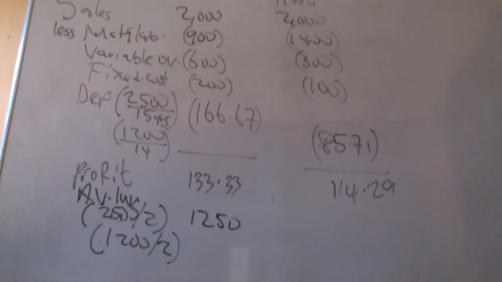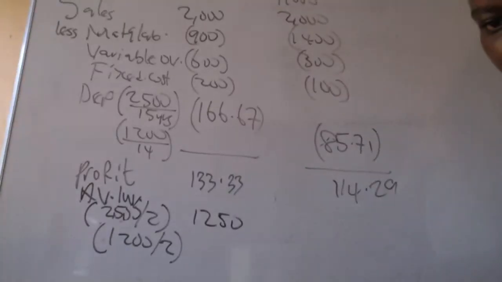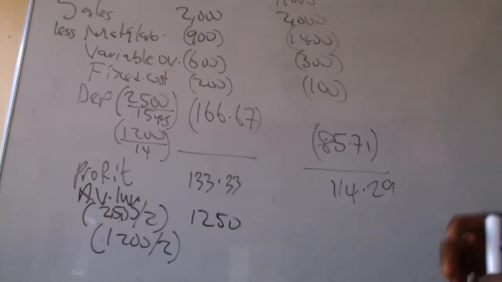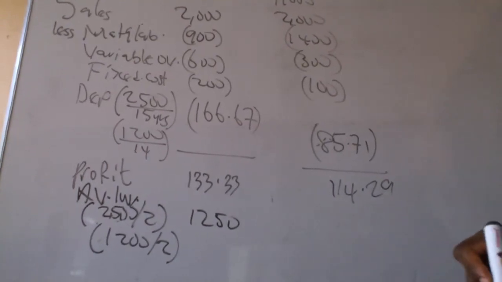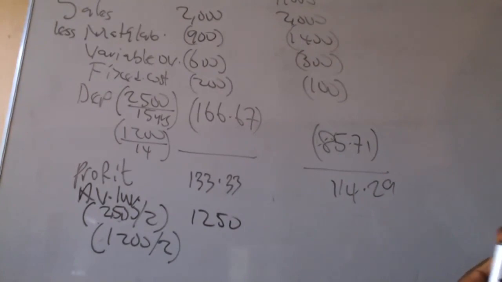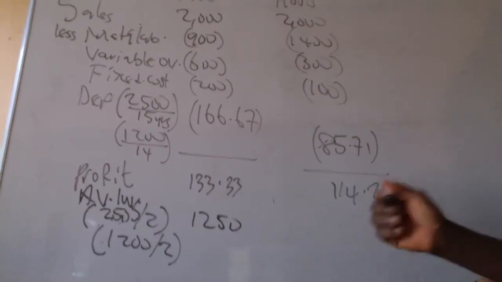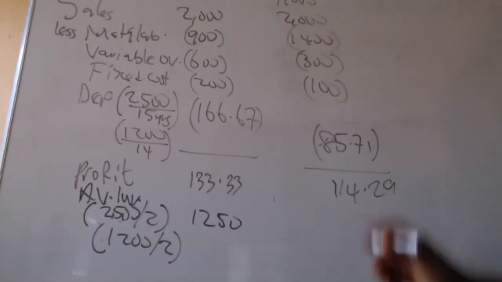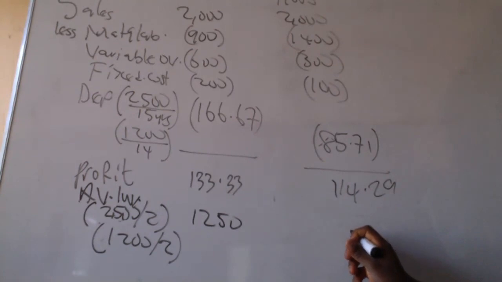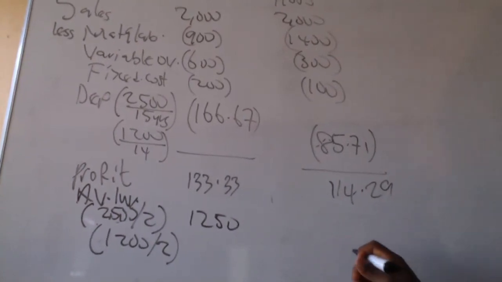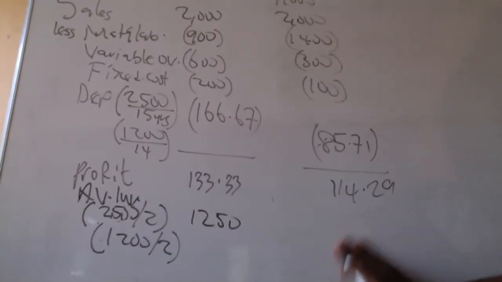Please, what do you get? 10.67. Okay, is that average investment or the accounting rate of return? Okay, I like that. What about the semi? Average investment will be 600, right? Good. I like your answers, but let them flow.